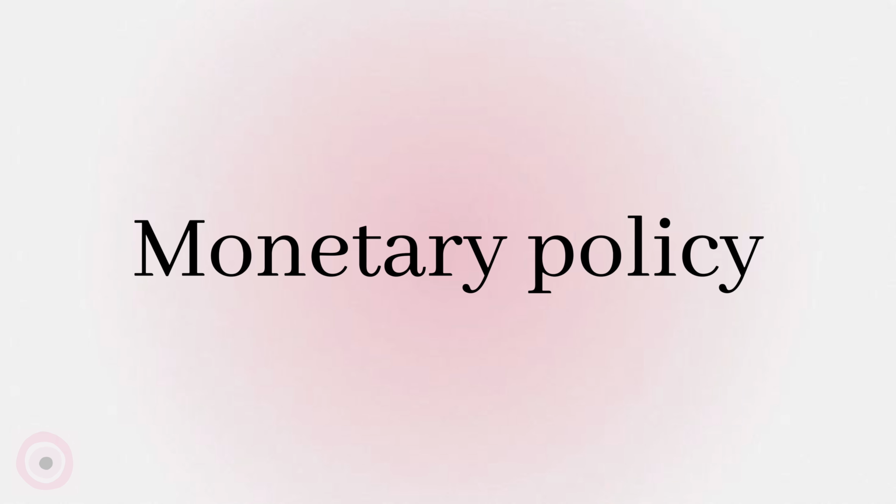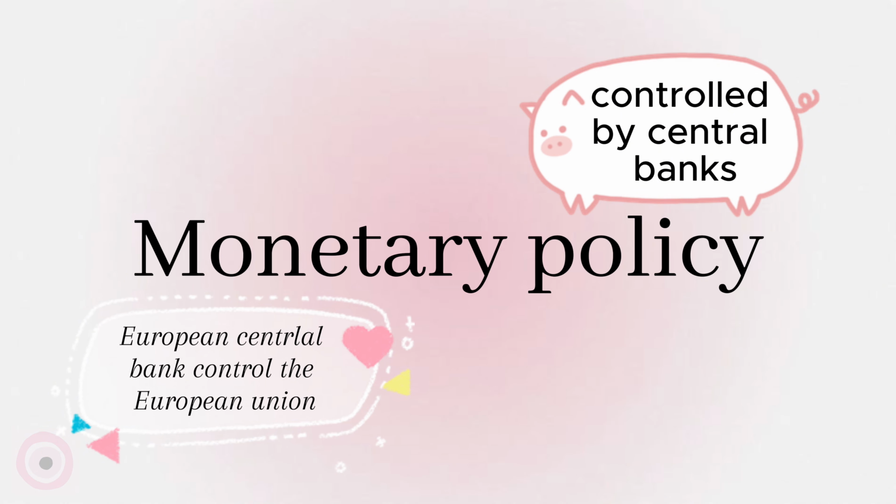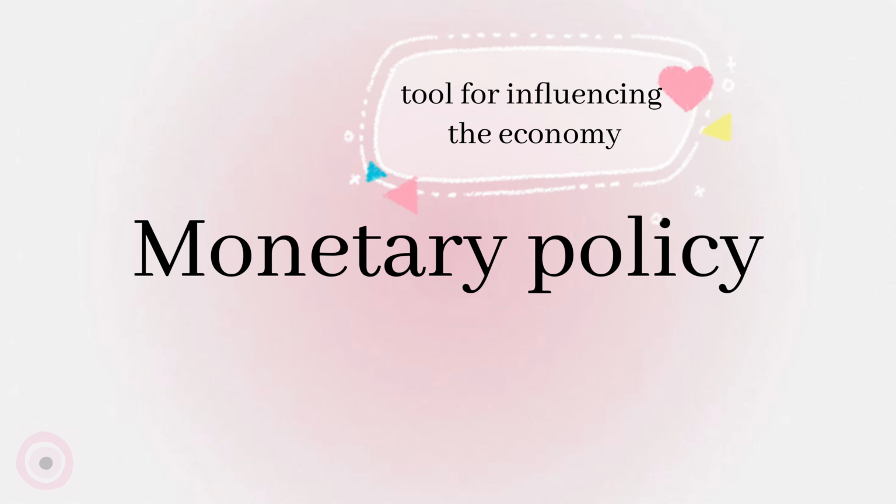And now monetary policy. Monetary policy is controlled by a country's central bank. For example, in the European Union, the European Central Bank is responsible for the monetary policy. This, just like fiscal policy, is a tool for trying to influence the economy.